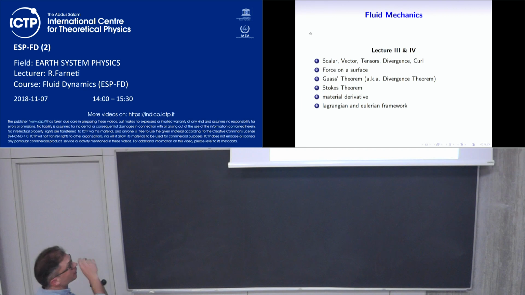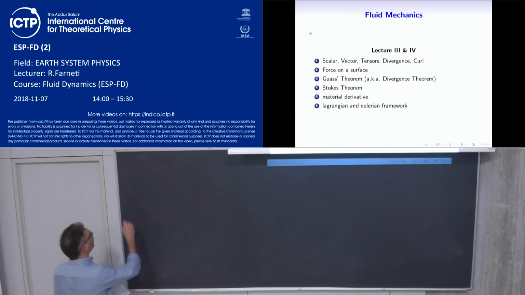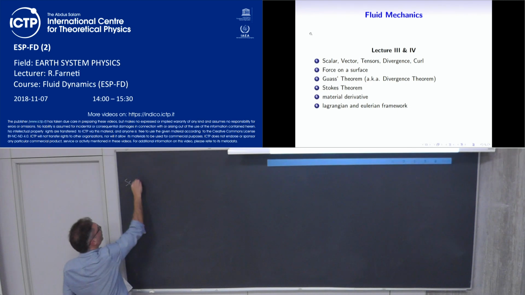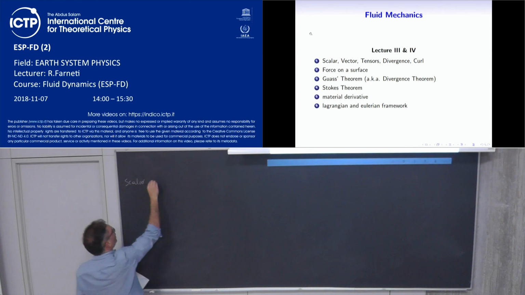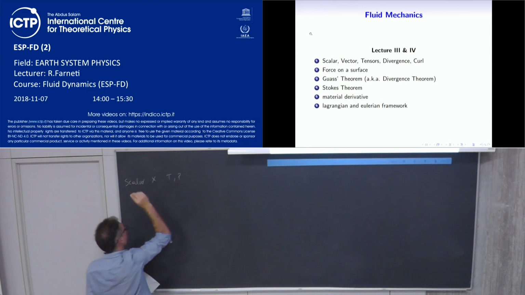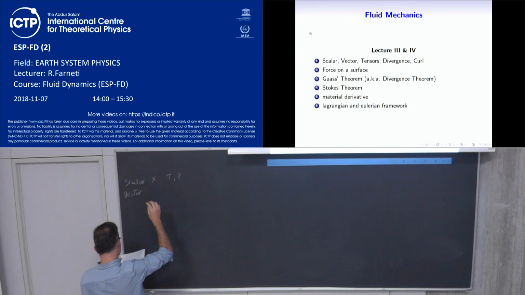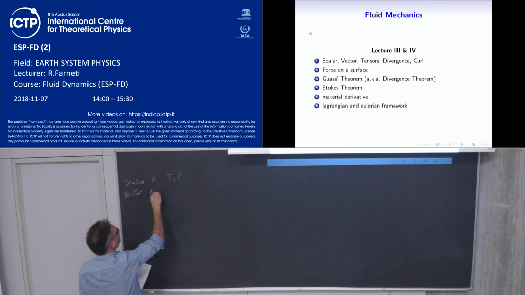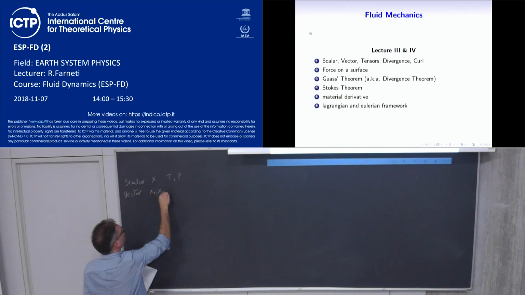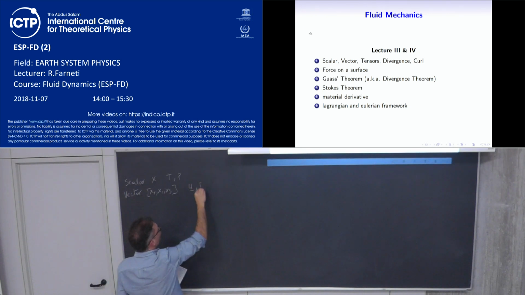Okay, so why do we use tensors? So what is a scalar? A scalar x can be temperature or pressure, for example. You can have a vector, which has x1, x2, x3, which could be, for example, your velocity or your body force.